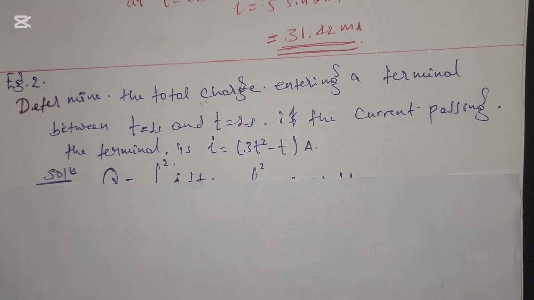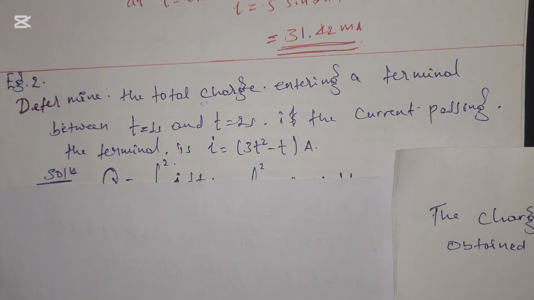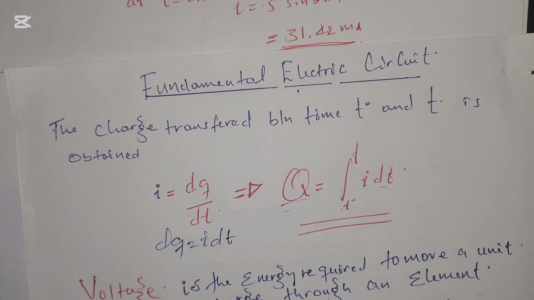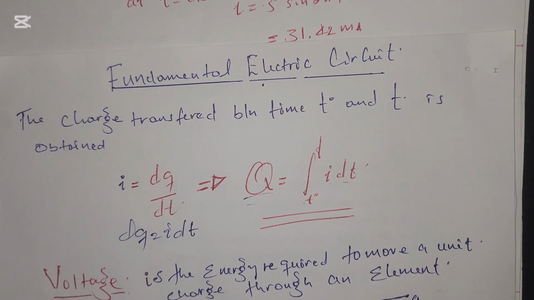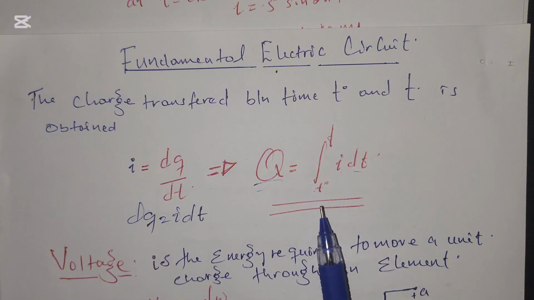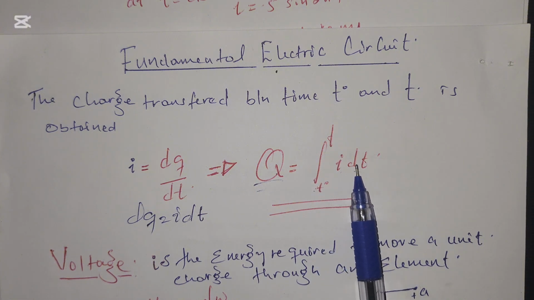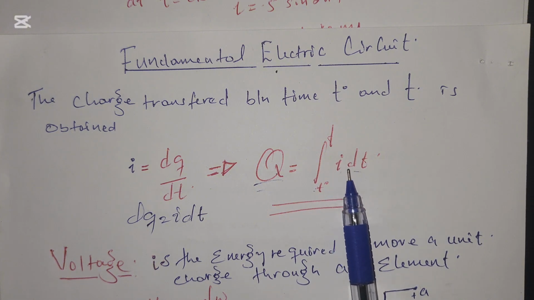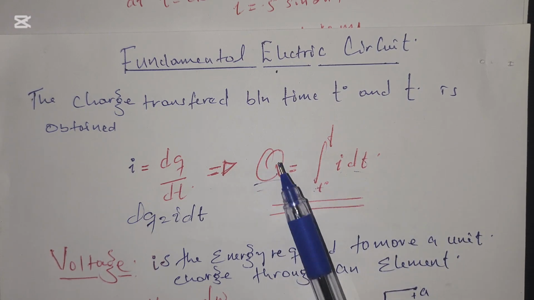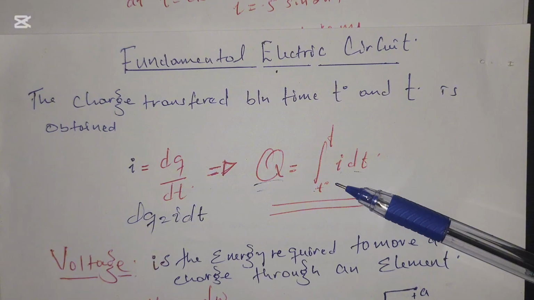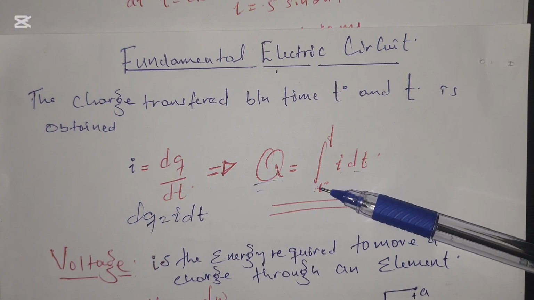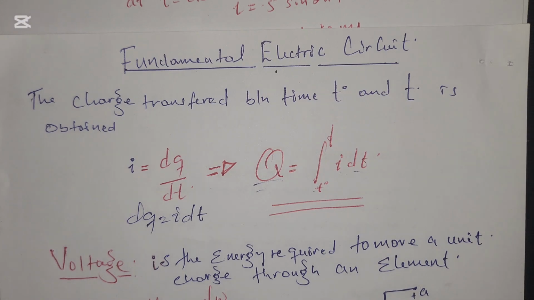Previously we derived the equation for the charge entering the terminal, which is the integration of the current i dt in time. In order to find the charge, we have to integrate the current equation between the initial time and t.